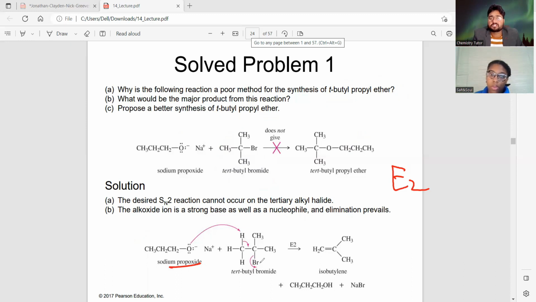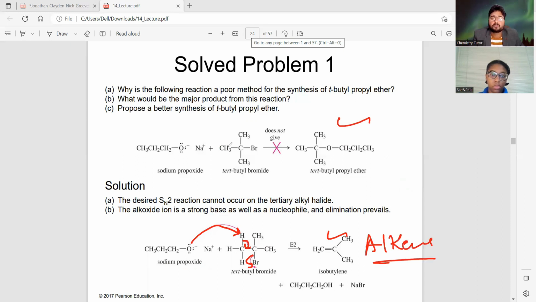This is bromine, this carbon is the alpha carbon, and this carbon is the beta carbon. Hydrogen connected to the beta carbon is known as beta hydrogen. So this alkoxide ion will attack this beta hydrogen, this bond will shift over here, and bromine is going to leave. You will get this alkene as a product. So instead of getting an ether, you will get an alkene if you use a tertiary alkyl halide.